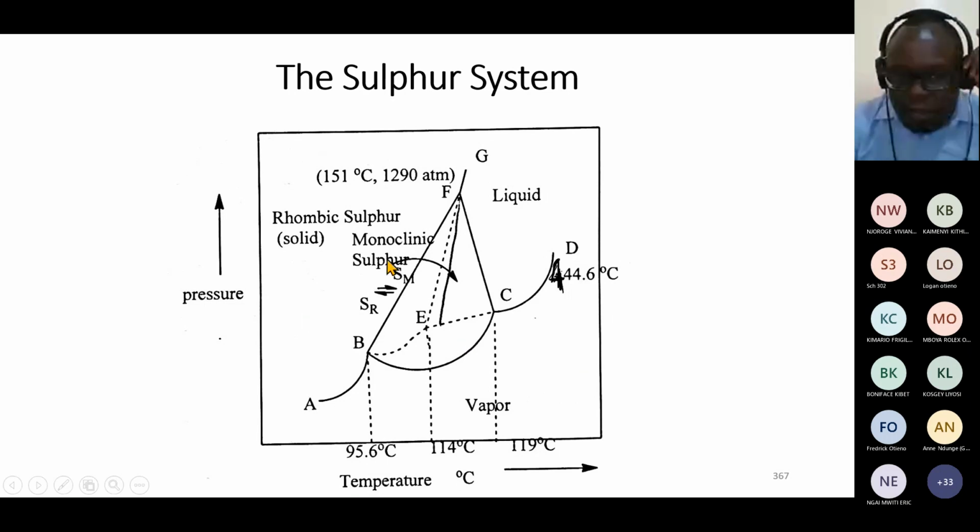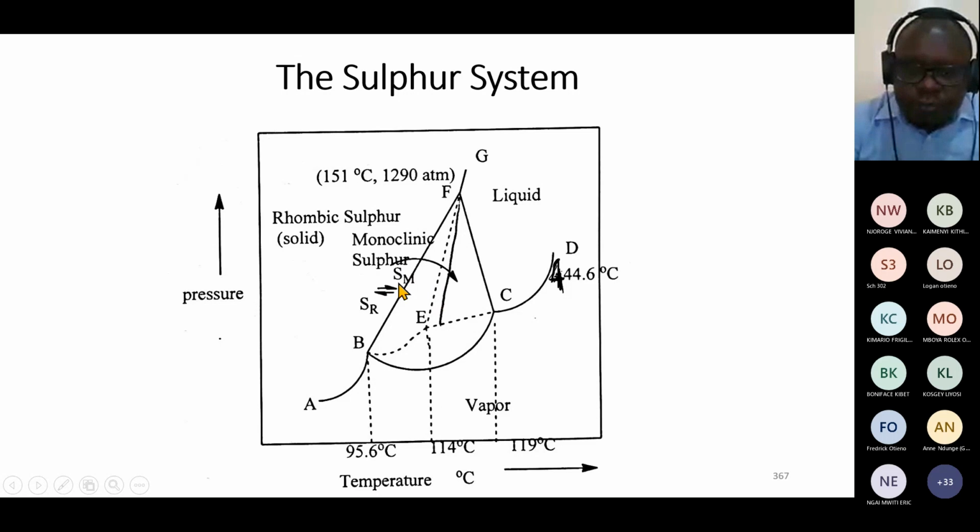So we said that at a transition temperature, that is 95.6 degrees, rhombic sulfur transitions to monoclinic sulfur.